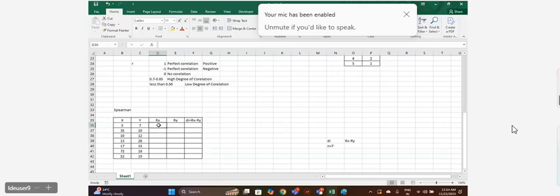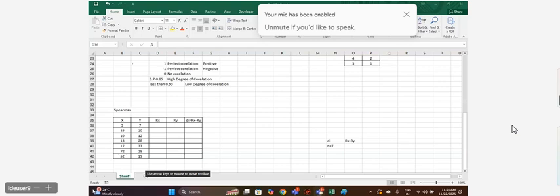Now, what is rank of x? Simple. Whichever value is the highest is given rank 1. See, somebody got 25 out of 25. He or she will be given rank 1.